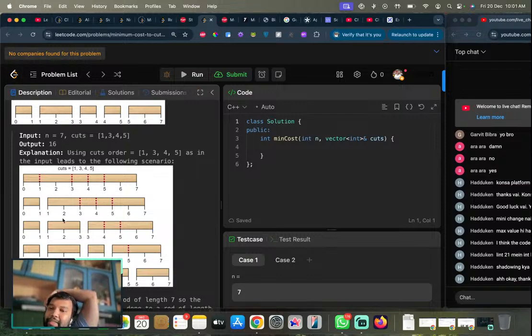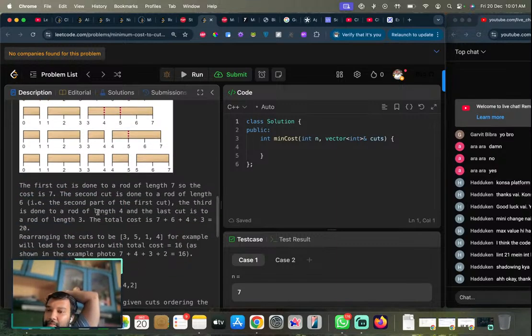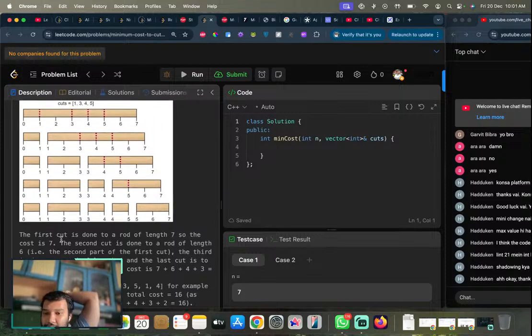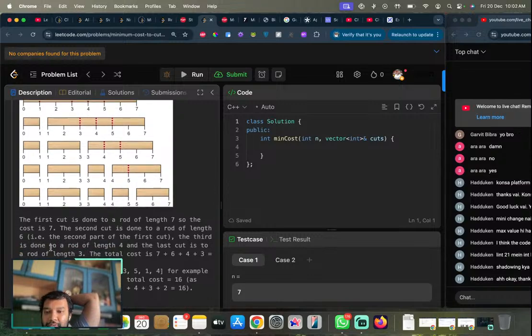If we make a cut on any of these positions, it will be 7 minus 1, 6. So the first cut is done to a rod of length 7, so the cost is 7. The second cut is done to a rod of length 6, so 6.